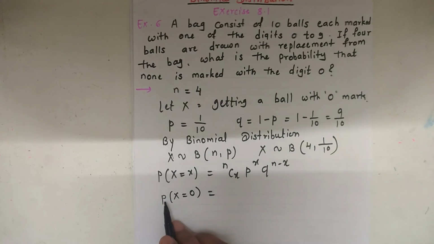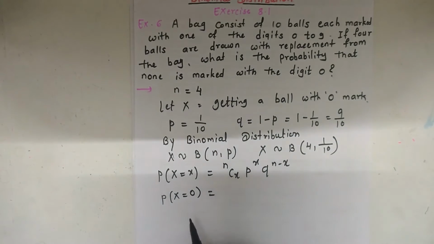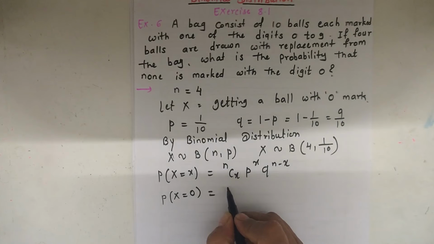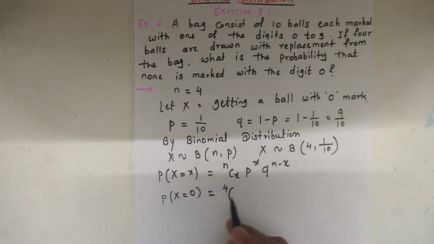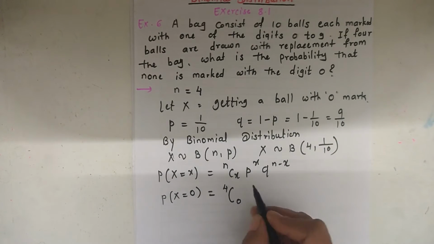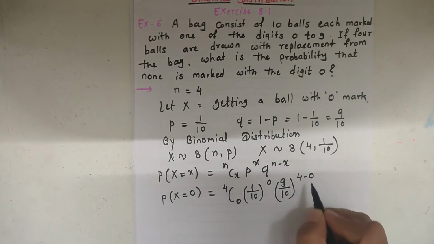So the probability that none is marked with the digit 0, that is x equal to 0, can be written as 4C0, where n is 4 and x is 0, then p, that is 1 by 10 raised to 0, into q, that is 9 by 10 raised to 4 minus 0.